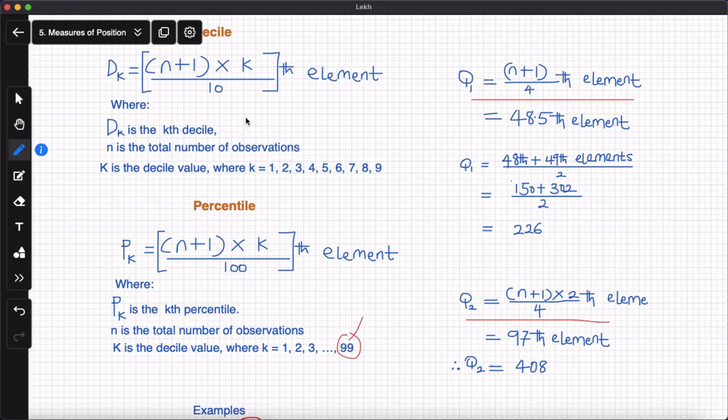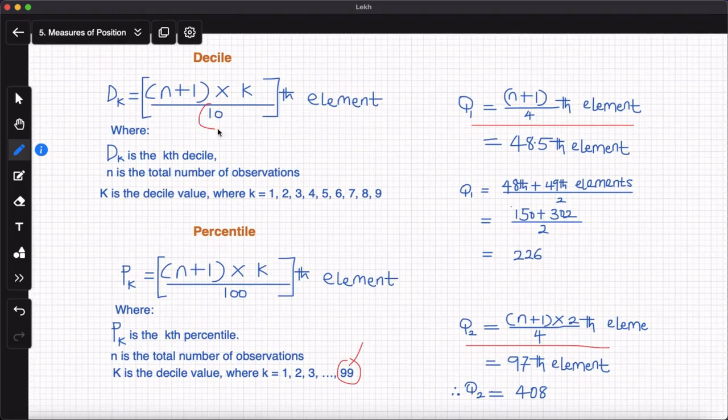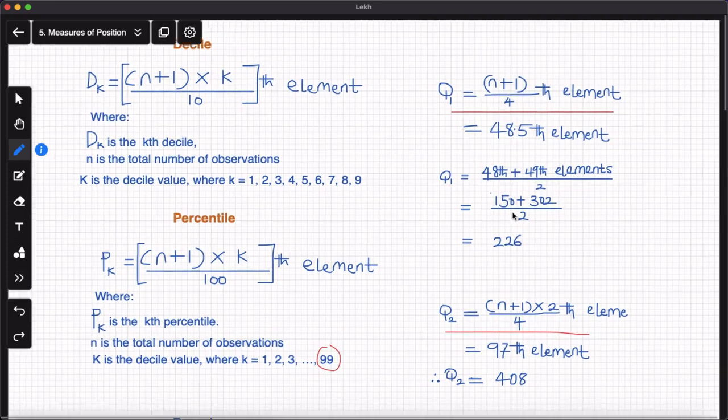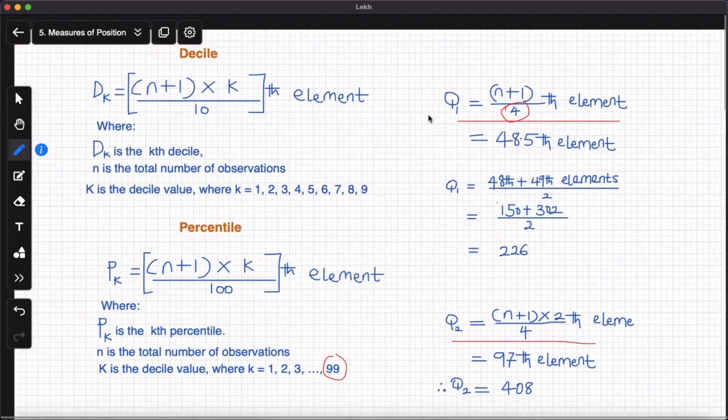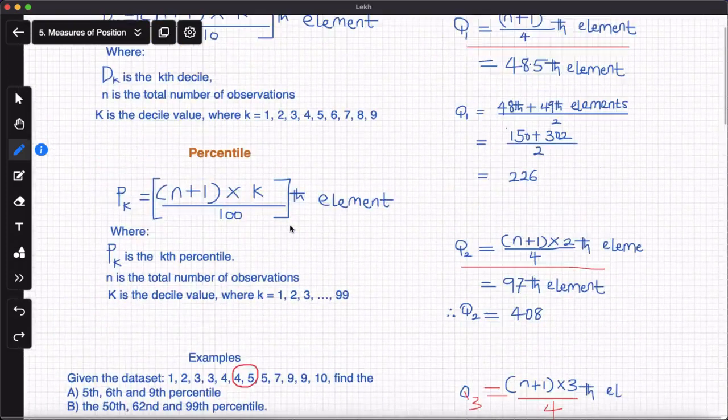Whereas your decile divides your population into 10 equal parts, but we only have 9 deciles. So your quartile divides your data set into 4 equal parts, but we only have 3 quartiles. So take note of that.